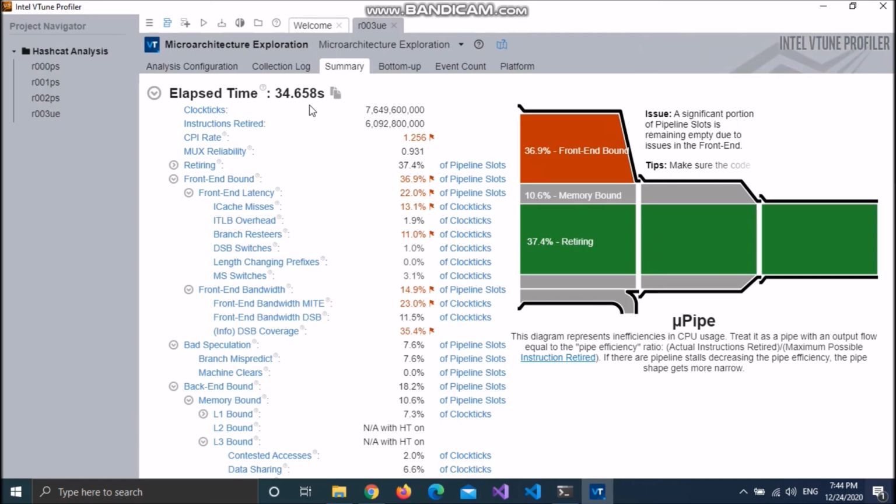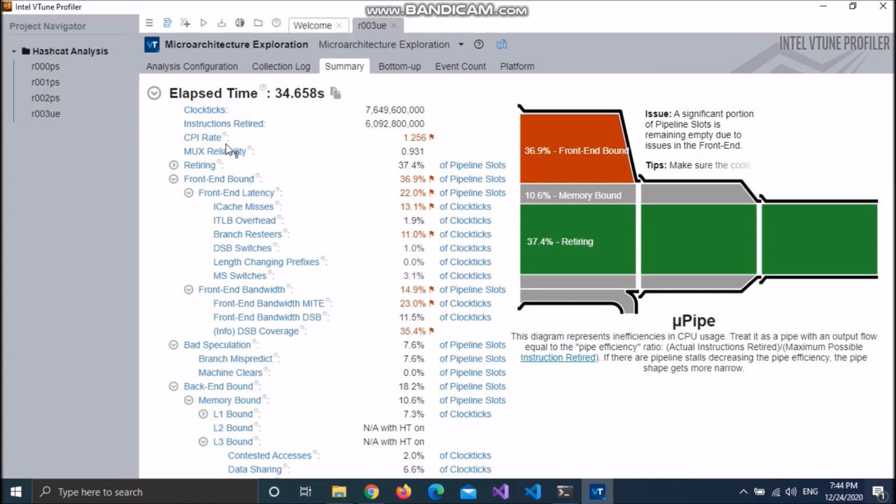And now I'll be going over some of the main metrics here, like these clock ticks. These are the clock pulses that were consumed during the execution.